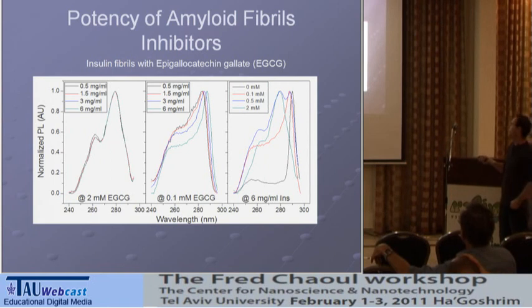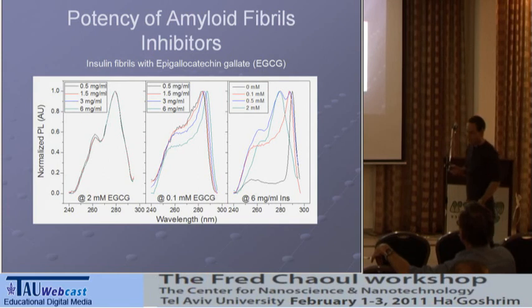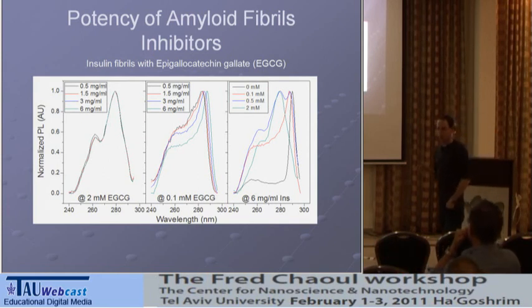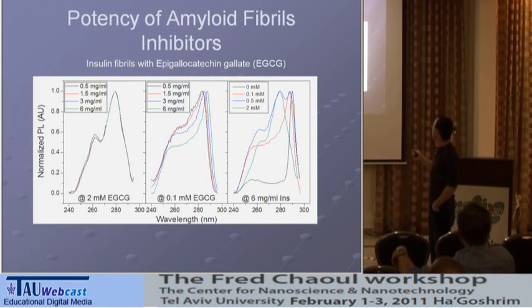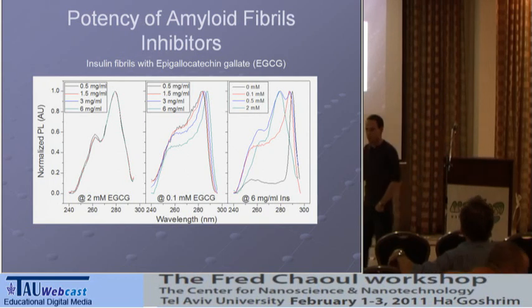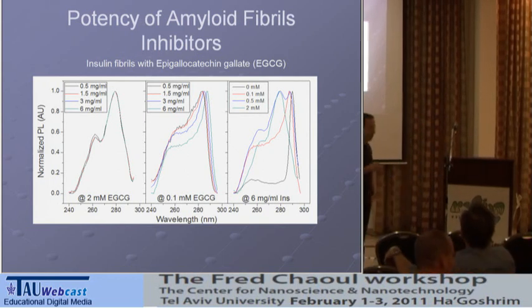When I use different concentrations of the inhibitor, I can get different PLE structures. I use the same insulin concentration, but different concentrations of the inhibitor, and you can see a gradual change of the PLE spectrum. So I can really do a dose-dependent study of the inhibitor on the amyloid fibril by simple spectroscopic measurement.